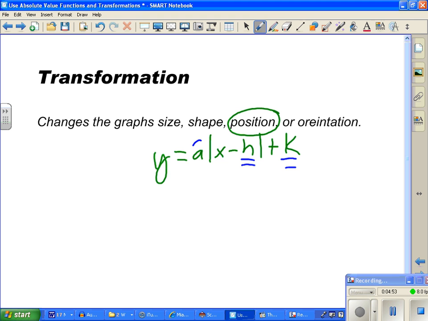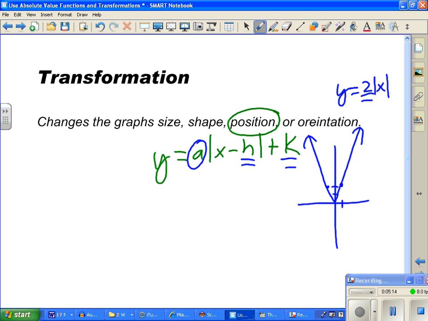I can change the shape by changing a, because a is going to end up being your slope. So real quick, if I had y equals 2 times the absolute value of x, now my slope is 2, so it's up 2 over 1 on both sides. So I'm going to have a steeper, narrower V. Basically the transformations, in a nutshell, are just changing the shape of the graph, just using this formula.